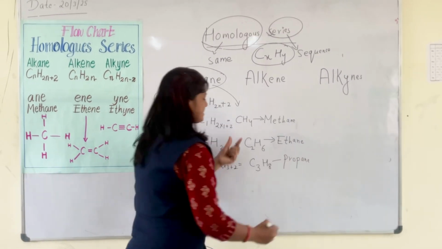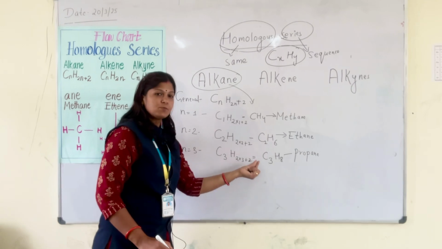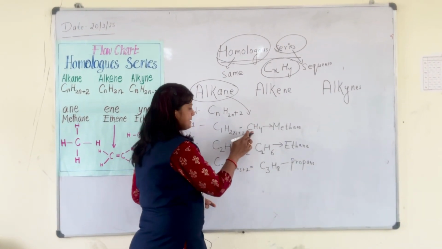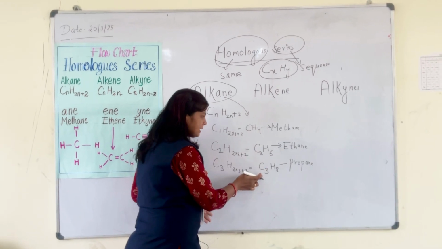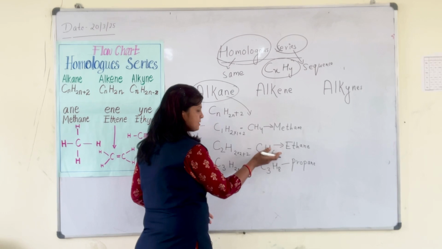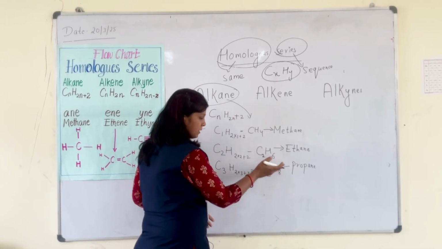Now children, see here, you can find a small difference. Here we are increasing by 1: C1, C2, C3. Here we are increasing by 2: 4, then plus 2, 6, then plus 2, 8.